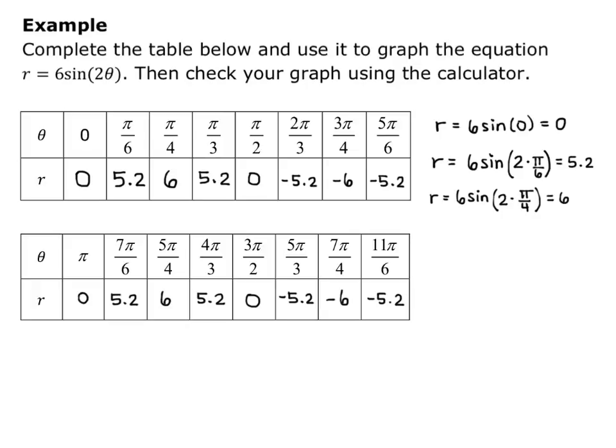So I get pi over 3 and 5.2, pi over 2 and 0, 2 pi over 3 and negative 5.2, 3 pi over 4 and negative 6, 5 pi over 6 and negative 5.2, pi and 0, 7 pi over 6 and 5.2, 5 pi over 4 and 6, 4 pi over 3 and 5.2, 3 pi over 2 and 0, 5 pi over 3 and negative 5.2, 7 pi over 4 and negative 6, and 11 pi over 6 and negative 5.2.